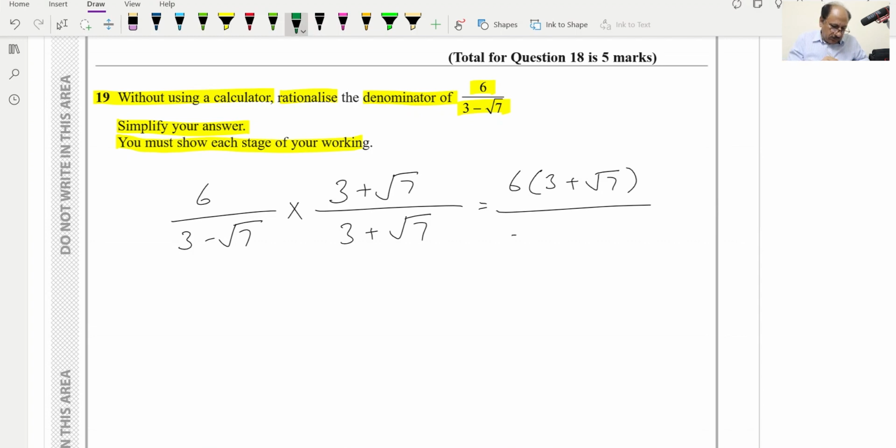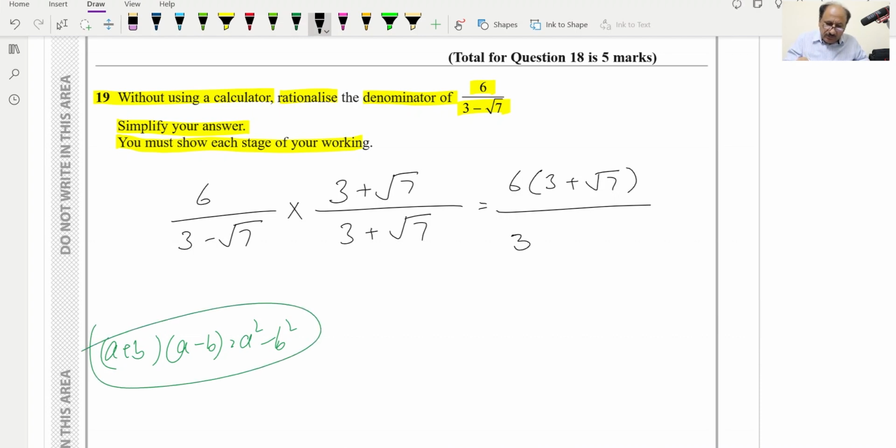We know the formula, a plus b into a minus b is equal to a square minus b square.